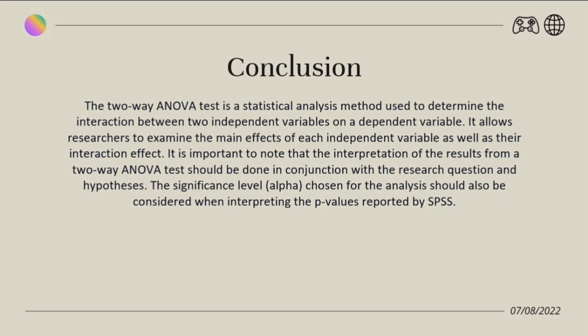It is important to note that the interpretation of the results from a two-way ANOVA test should be done in conjunction with the research question and hypothesis. The significance level chosen for the analysis should also be considered when interpreting the p-values reported by SPSS.